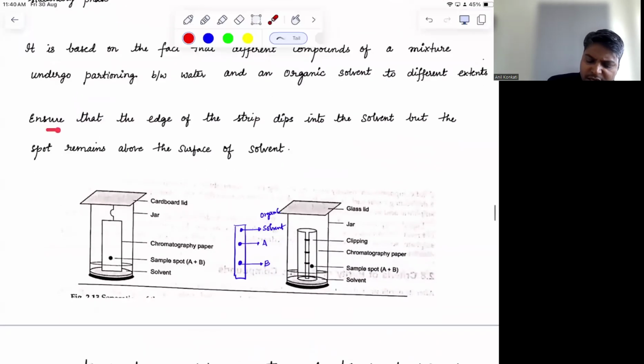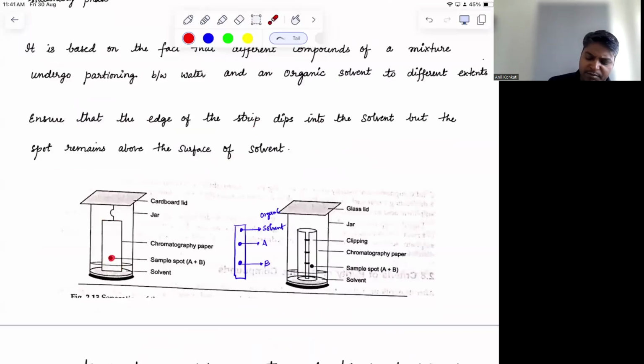So you can see, ensure that the edge of the strip dips in the solvent, but the spot remains above the surface. Just like how we have done it for thin layer chromatography, same way, this is a paper now. That paper already has a liquid on the surface of it, which is strongly held onto the paper.